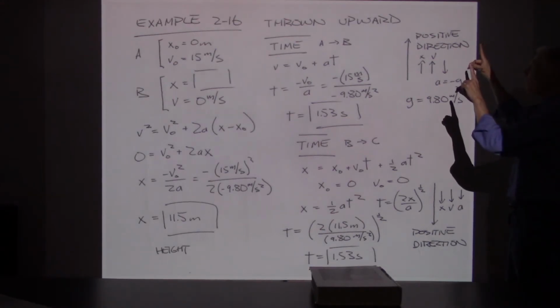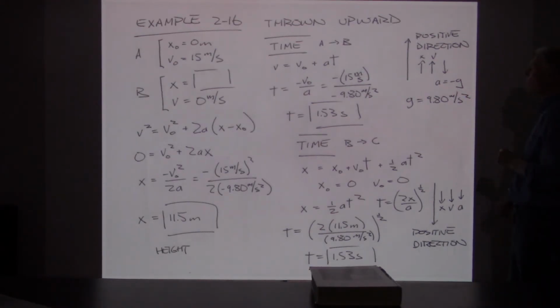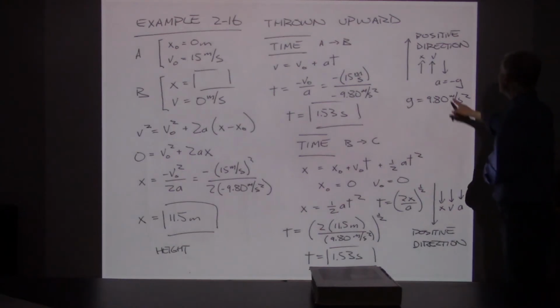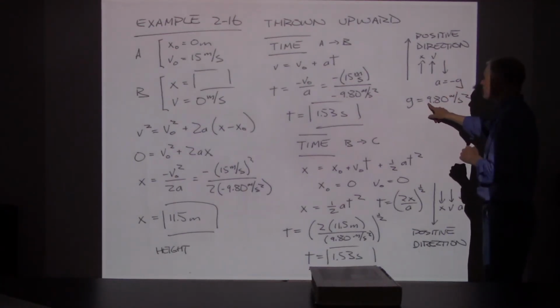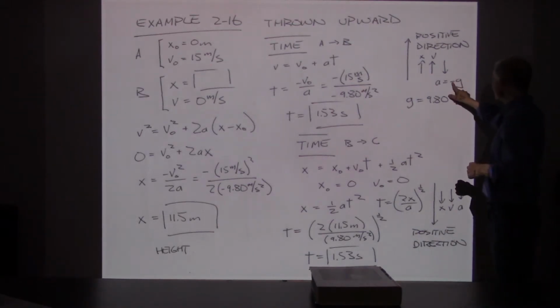That says on the way up, v should work out to be positive, but on the way down, v should be negative. And then a is going to be negative the gravitational field, or gravitational acceleration, and g itself does not have the minus sign. I have to put the minus sign in.